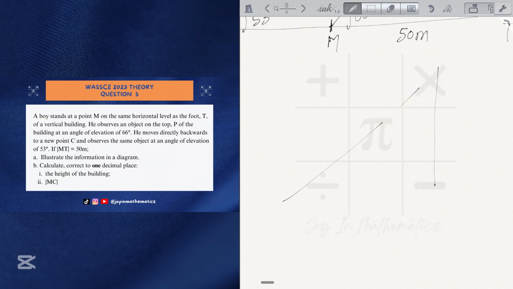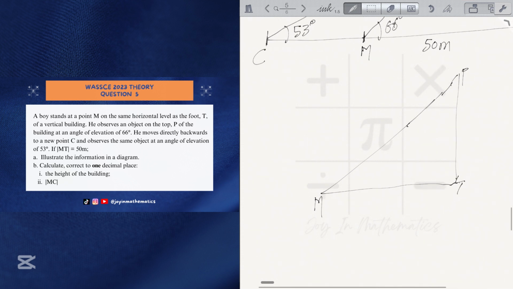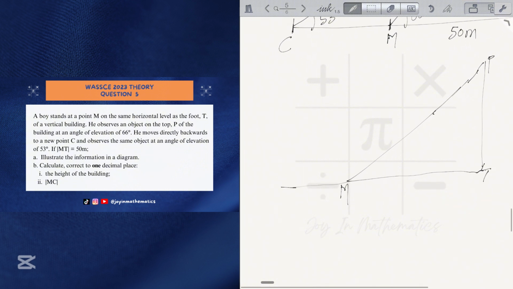This is point T. This is point M. And this is point P. Now, if a guy moves backwards to a new point C, and looks again at this point P, the angle here is 53 degrees.